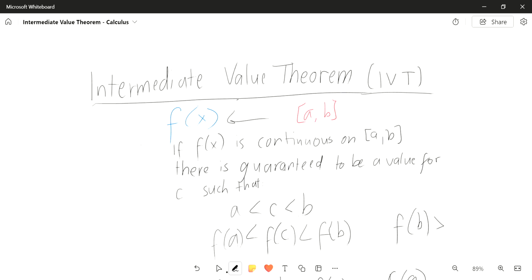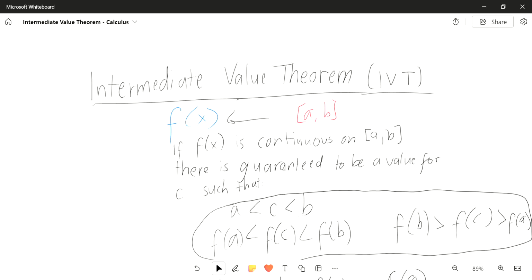So as long as f of C is in between f of B and f of A, regardless of which one of these two is greater, and C is in between A and B, the IVT works because it guarantees both of these statements. But it has to be continuous on this interval.